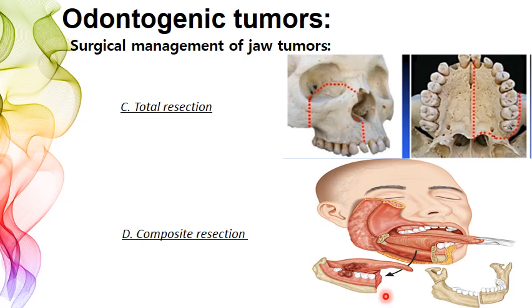This type is used mainly in case of malignant tumors, because it is spread widely. It is not only contained in the bone, it is also in the soft tissue and the muscles and in the lymph nodes.